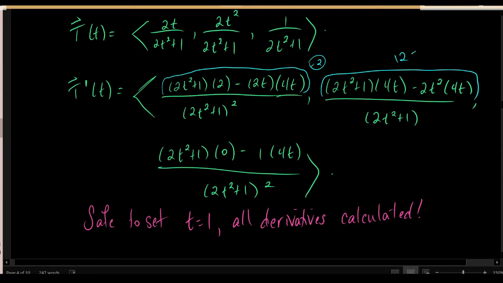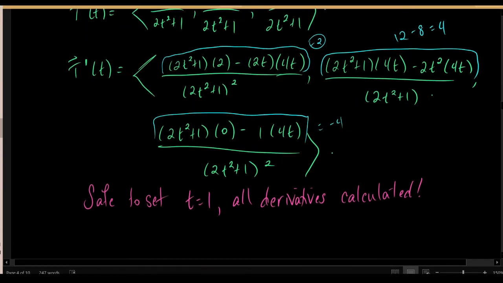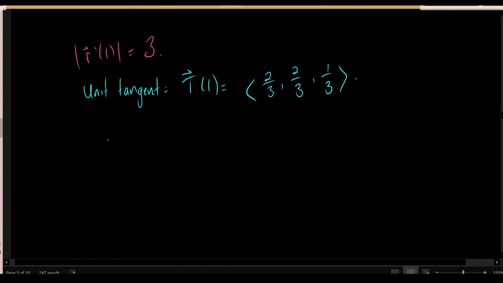Take away 8, so that's 4. And when t is equal to 1 here, this numerator is just minus 4. So we get negative 2, positive 4, negative 4, each divided by 9.